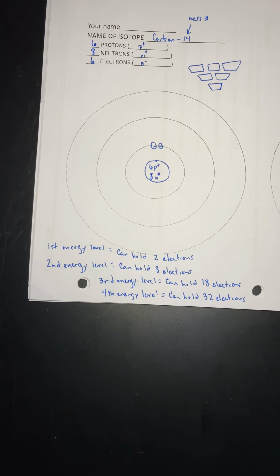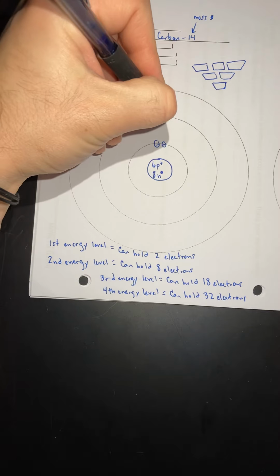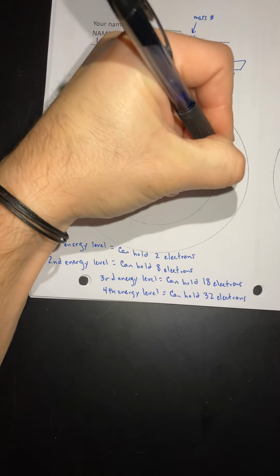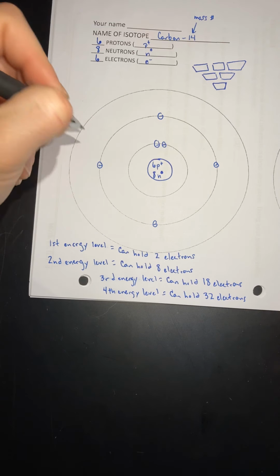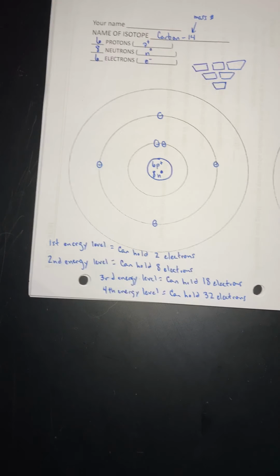All right? Now, how many more electrons do we have to place? We have 4. So go ahead and put those 4 on the second energy level.